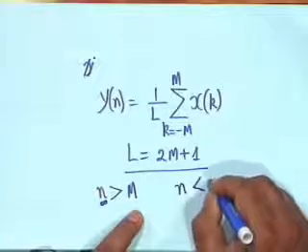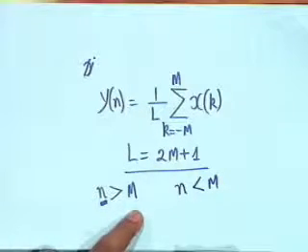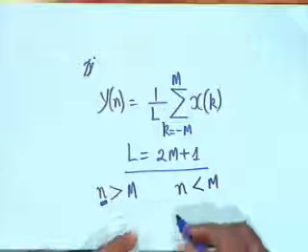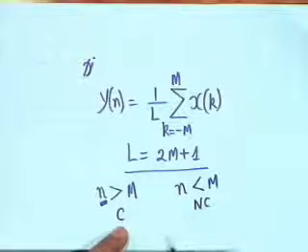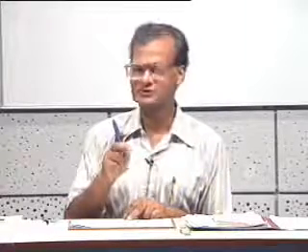For n less than m it is non-causal. Alright, this is causal, non-causal. Now what shall you call this system? A system cannot be both. A system characterization cannot depend on other considerations.